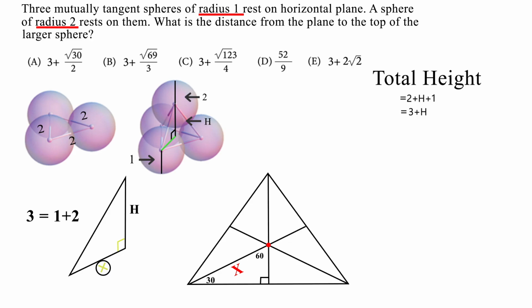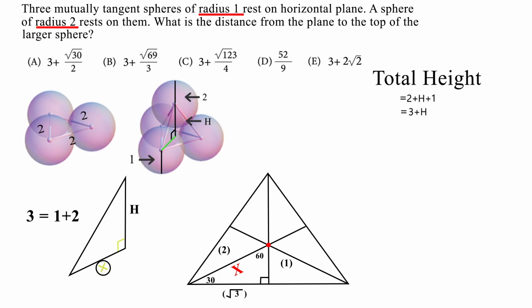And since this is a 60, 30, 90 triangle, we know that the ratio of the sides are 1, 2, and root 3. Correct? This side is going to have a ratio of 1 to 2 for that side, and this side will have a ratio of root 3.